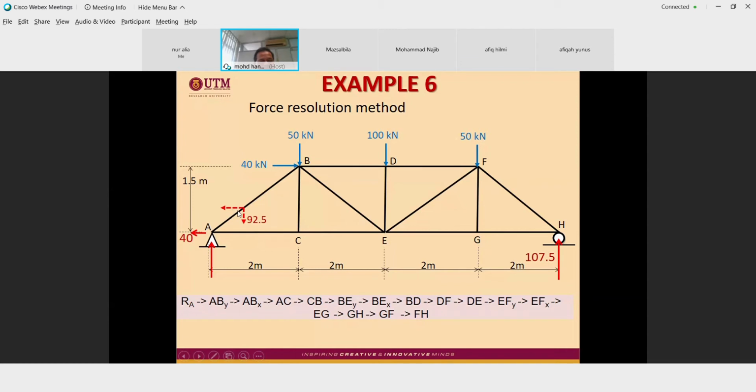So this one should be 92.5 multiplied by 2 divided by 1.5, equal to 123.3. Why 2 and 1.5? Because this one is 2, this one is 1.5. As I said last day, we have to be familiar with sine and cosine, or with the x and y components.